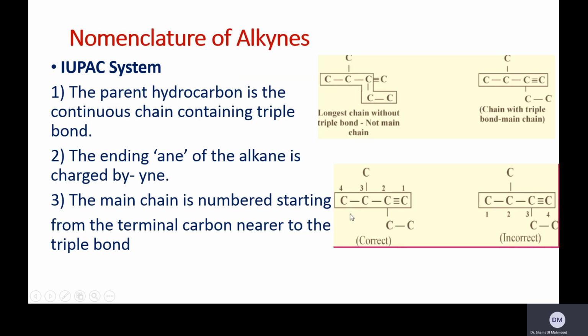But if I number from the right side, the triple bond is between carbon 1 and carbon 2. This numbering is correct because we are numbering from the side where the triple bond is nearest, and out of these two we use the lowest number. So this is 1-butyne, in simple words called 1-butyne.